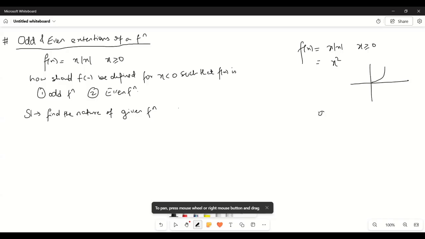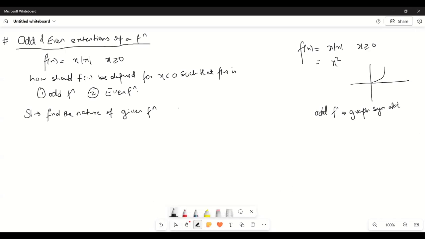Now we look at the features, like for an odd function, the graph has to be symmetric about origin. And for an even function, the graph has to be symmetric about the y-axis.